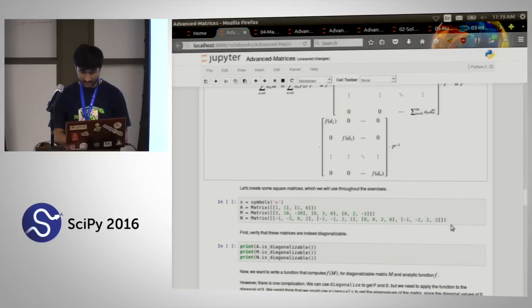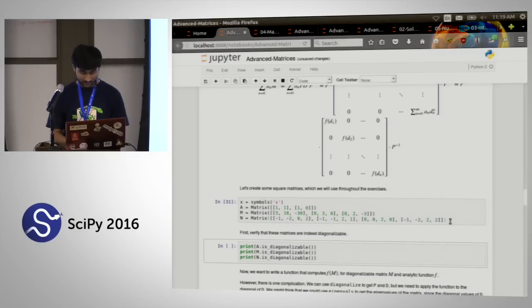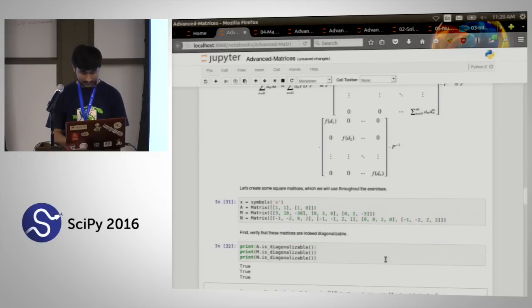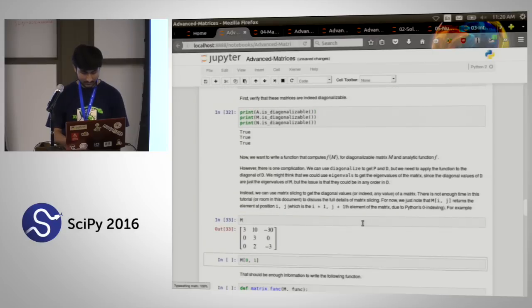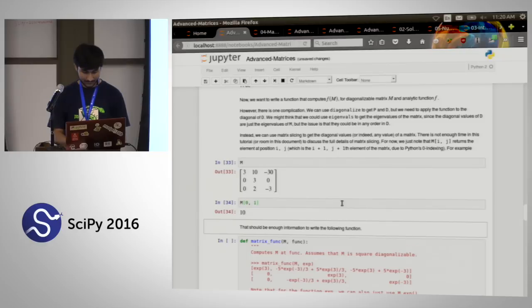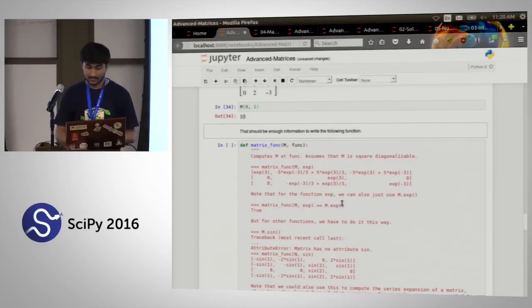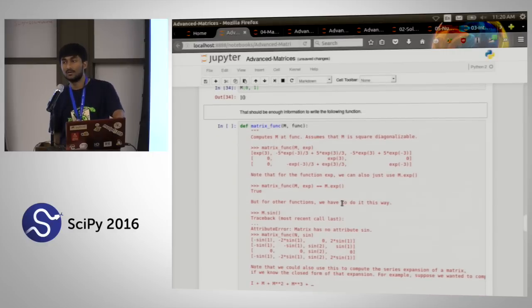So we'll do that function right now. Let's create some dummy data for that and verify that all these are diagonalizable. This is how you access an element, which I told you in the previous notebook. Compute the function, assuming that M is square and diagonalizable. I'll give you a couple of minutes for this.